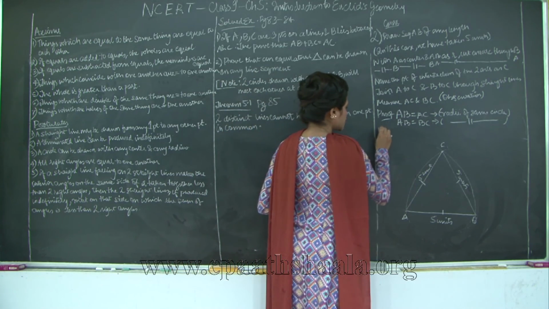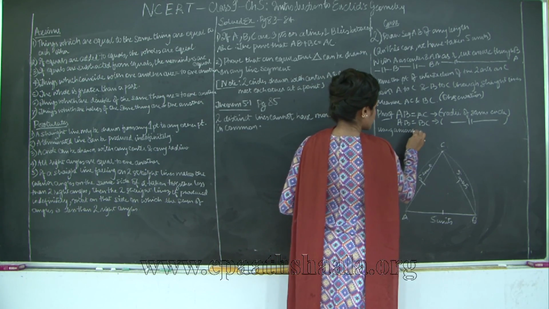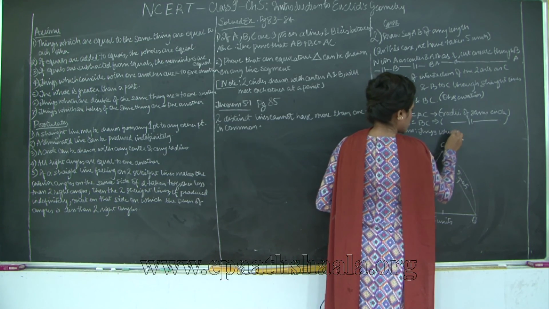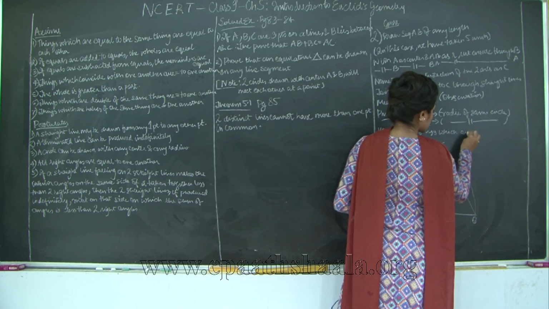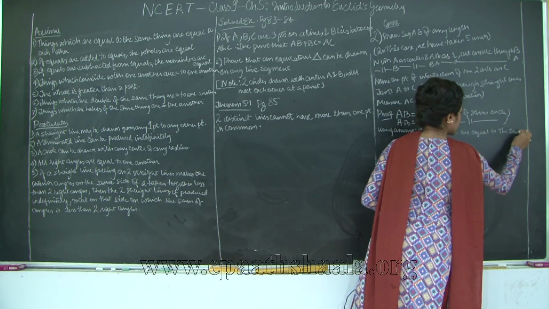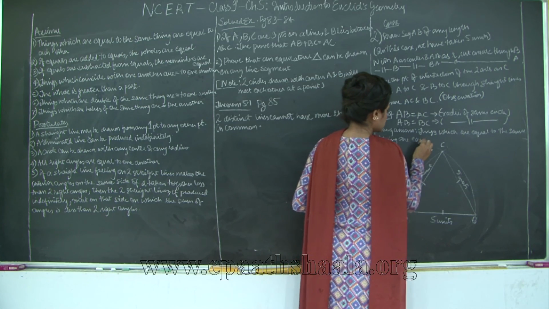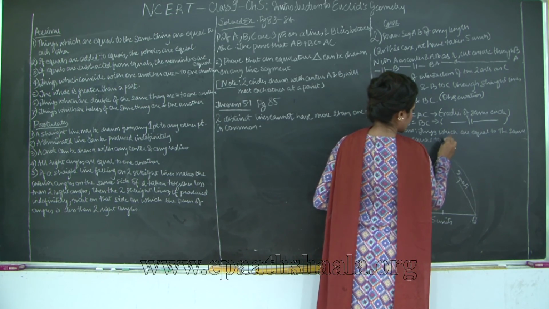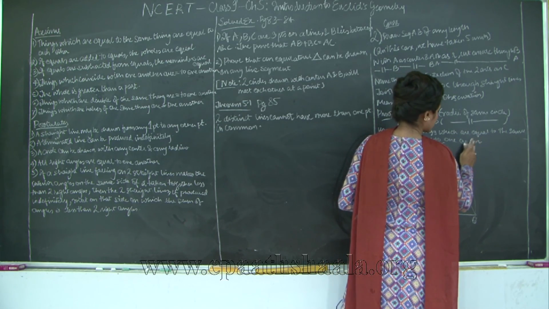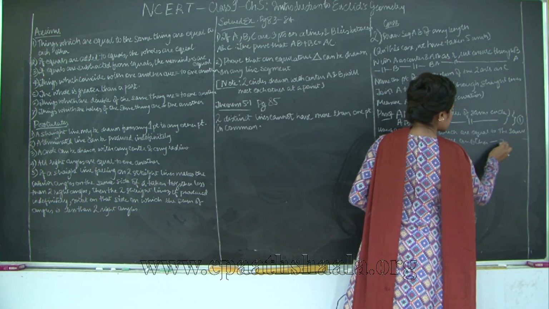So, I will say using axiom, things which are equal to the same thing are equal to one another. So I'll mark this as statement 1 and this as statement 2.